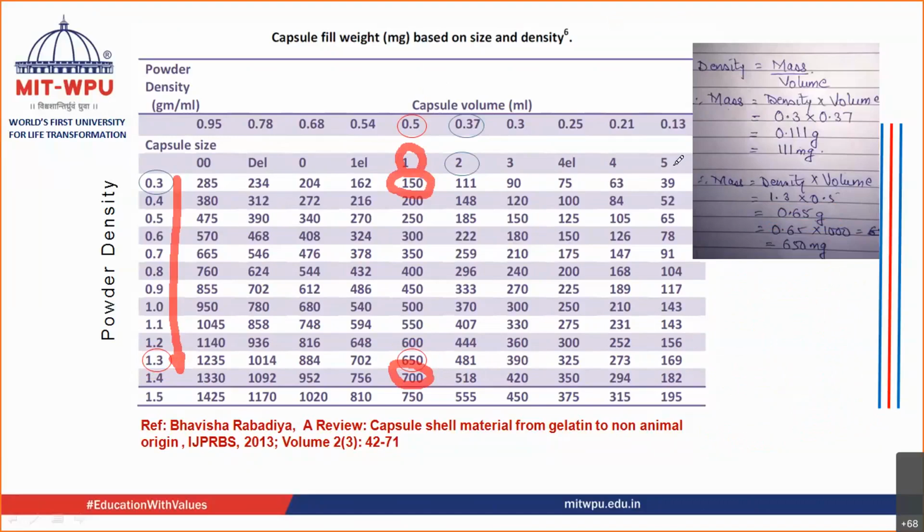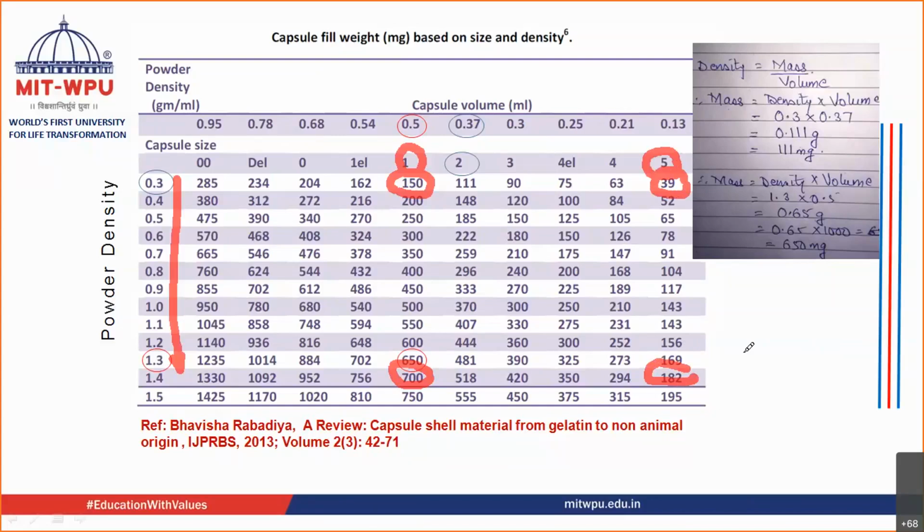If you have capsule size 5, depending upon the density, the amount of material that can be filled inside can range from 39 to 182.